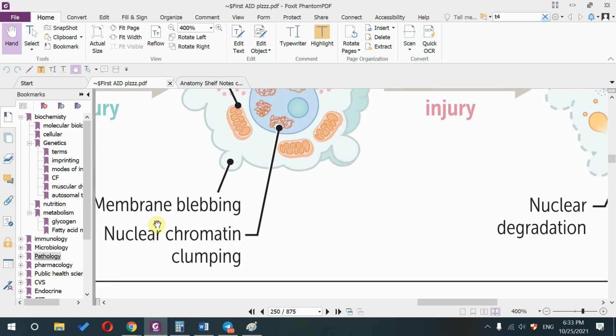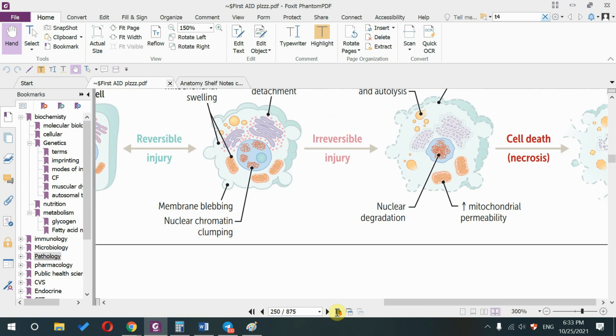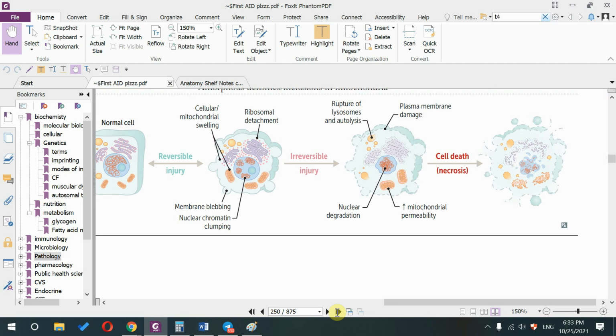And when the cell itself started to swell, there was blebbing. They actually do mention the blebbing thing, so be careful. If they ask you, if the stress goes away, what will happen? Total reversal. Nothing.